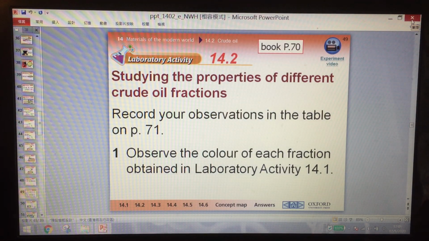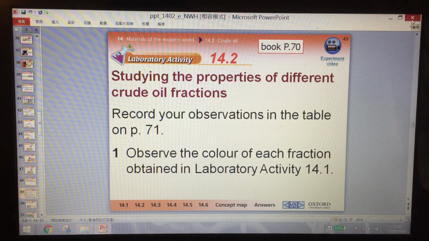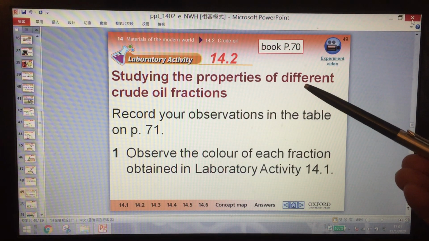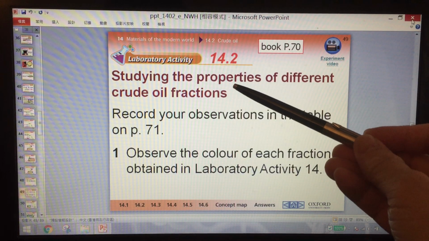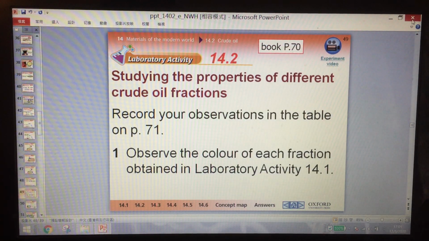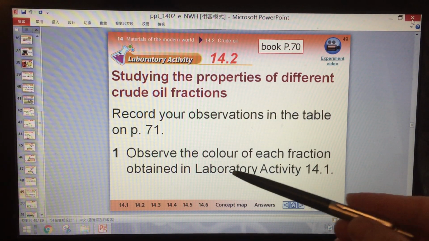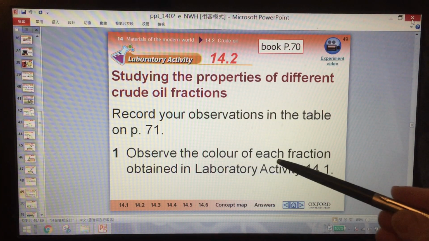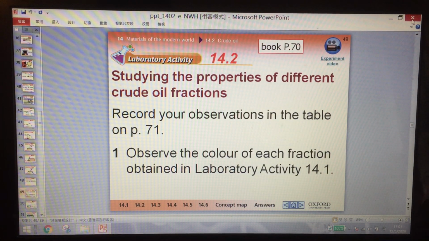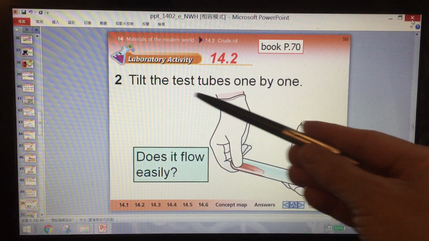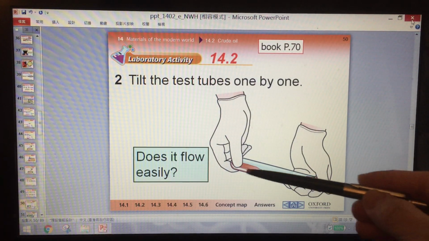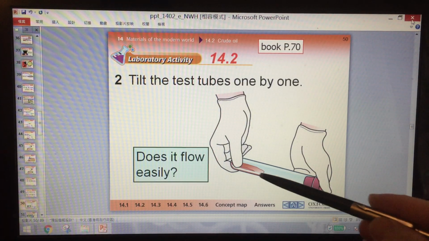Okay, now we take a look at the experiment. Different crude oil fractions have different properties. Observe the color. Take a look at the color of each fraction. And tilt the test tubes one by one. Take a look, does it flow easily?